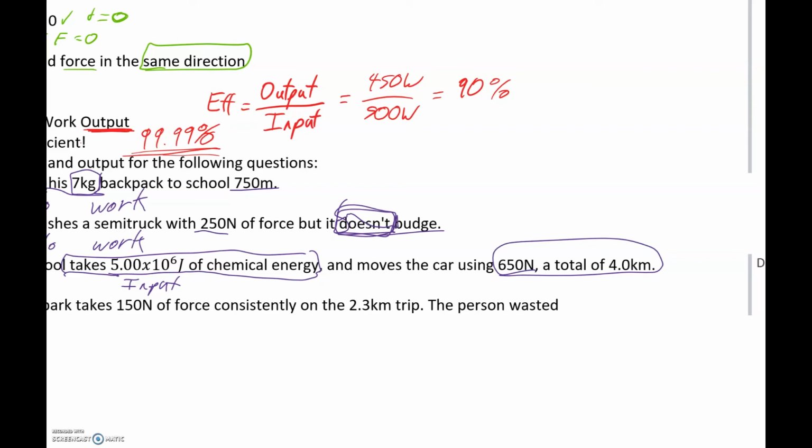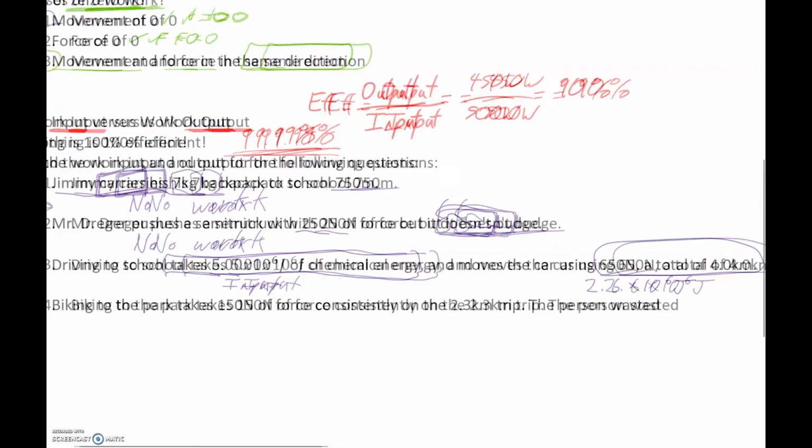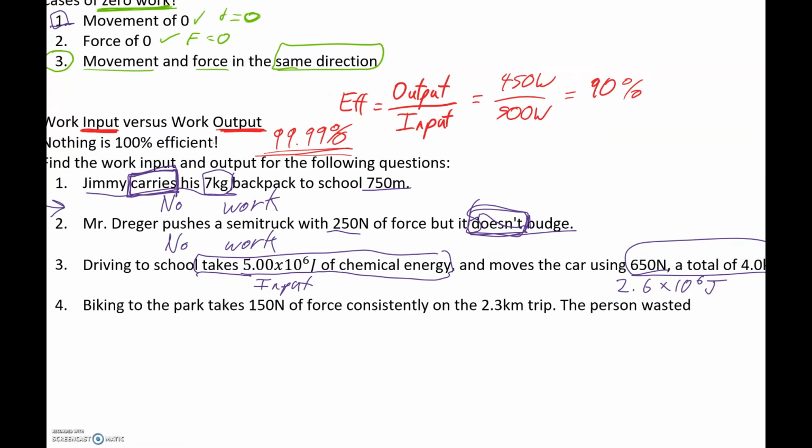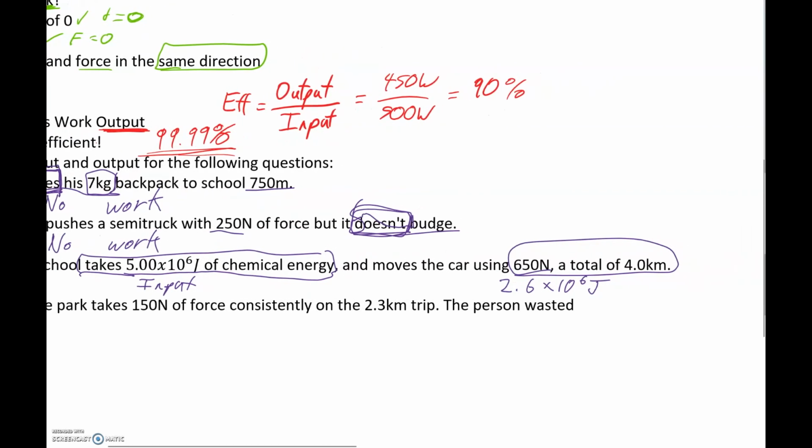Let's see if I can grab my calculator. 650, I just made up these numbers, times 4,000 meters, so 2.6 times 10 to the 6 joules. In terms of efficiency, I think it's somewhat reasonable, but I don't know if that's actually accurate. Anyways, output.